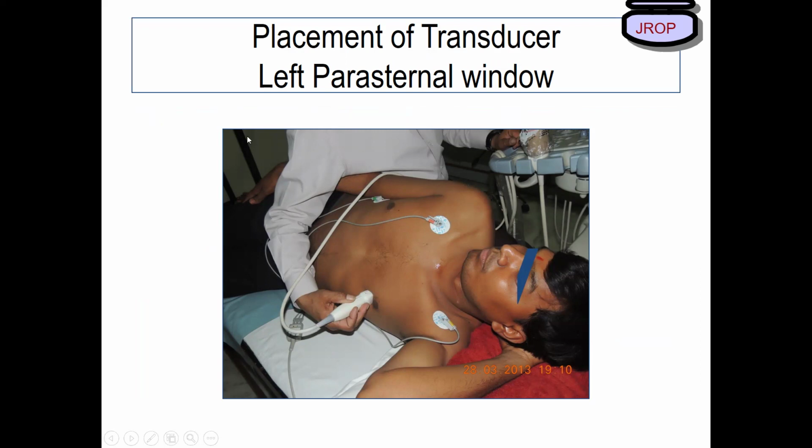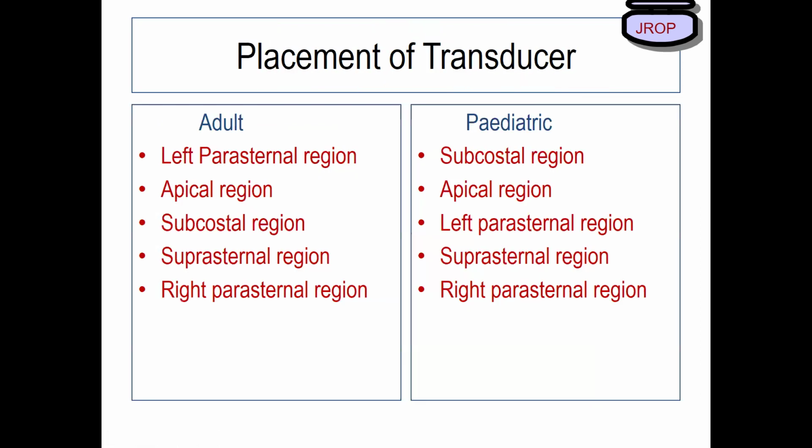So this position is known as the left lateral lying position, and the first view is the left parasternal window. So what he is doing is apex beat to right shoulder, the long axis view. The index marker is facing the 11 o'clock position, and he has to be in the left second intercostal space to drive the first left parasternal window.